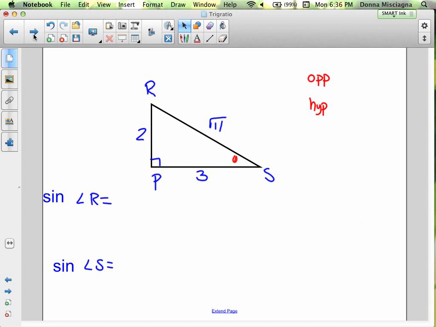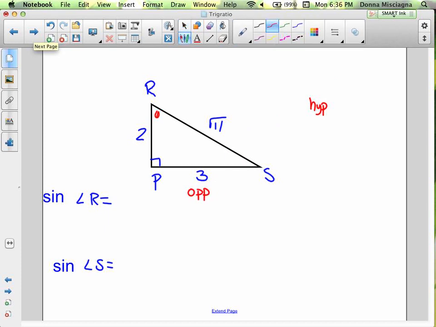All right, so here we want to find the sine ratios for the two angles, angle R and angle S. We've seen this triangle a lot. Here is angle R. Opposite angle R is side 3 here. It's across the triangle.